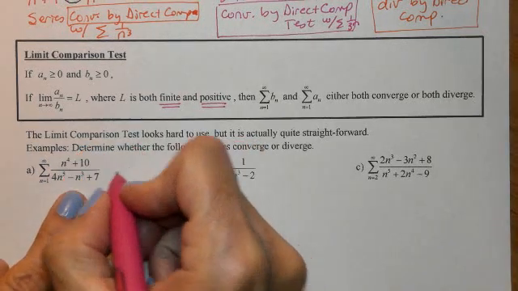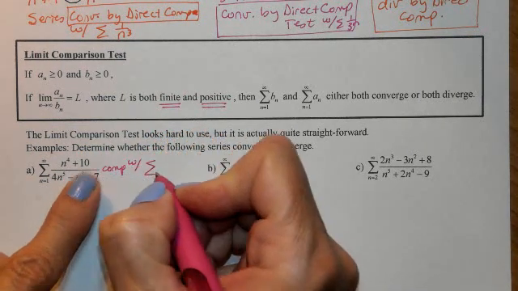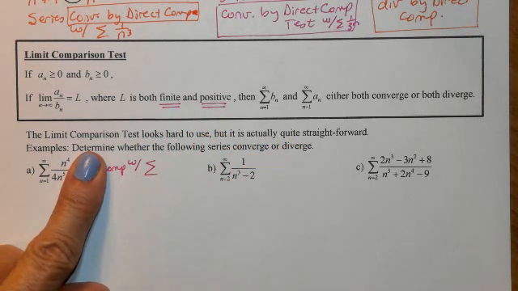So I'm going to compare with, what does this reduce to? What does n to the 4th over 4n to the 5th reduce to? Well, it reduces to 1 over 4n, doesn't it? Do you agree?